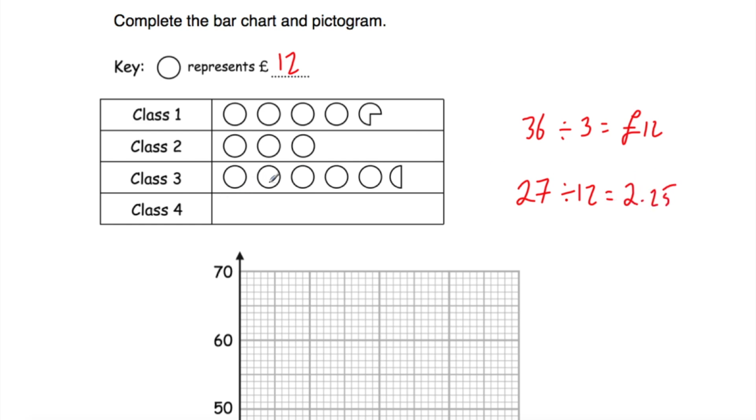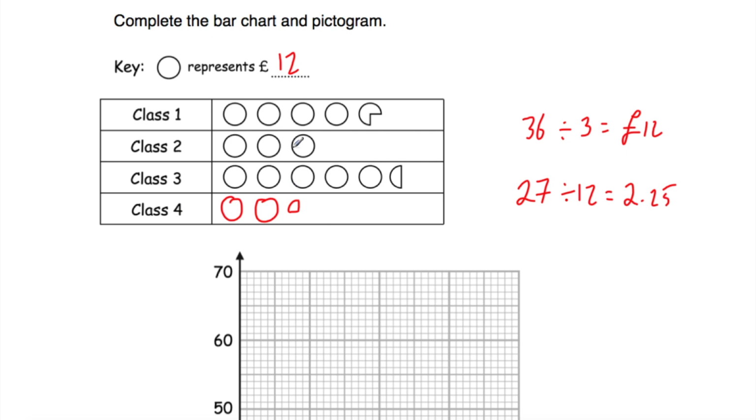So that means we're going to draw 2 1/4 circles. So there's a circle, so that's £12. Another circle, that's £24. We need another £3. A quarter of 12 is £3. So if we then draw a quarter circle, we've then got 12, 24 plus another 3 would be £27. So that's fantastic. We've completed the pictogram.